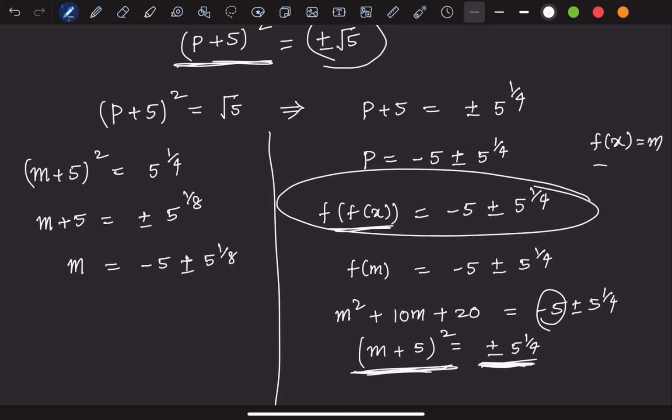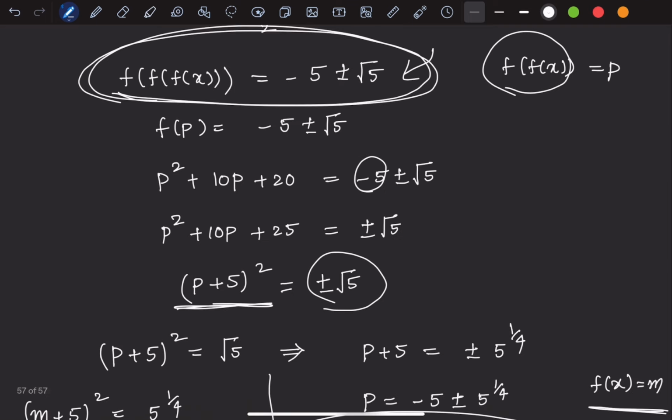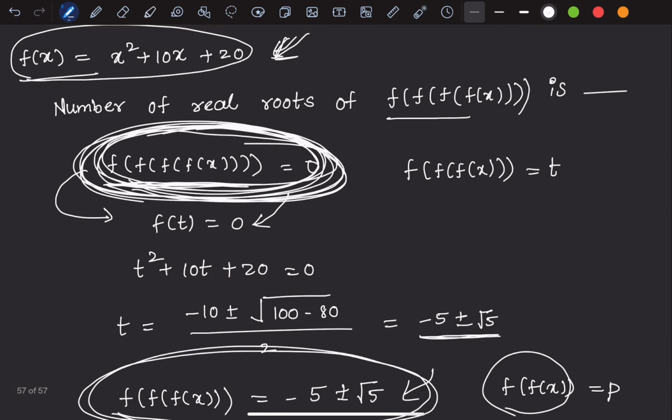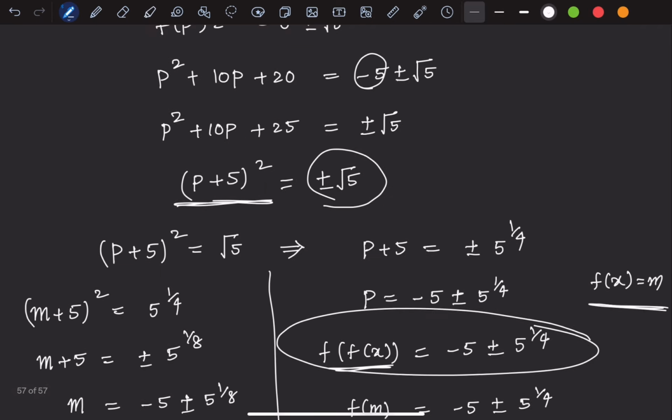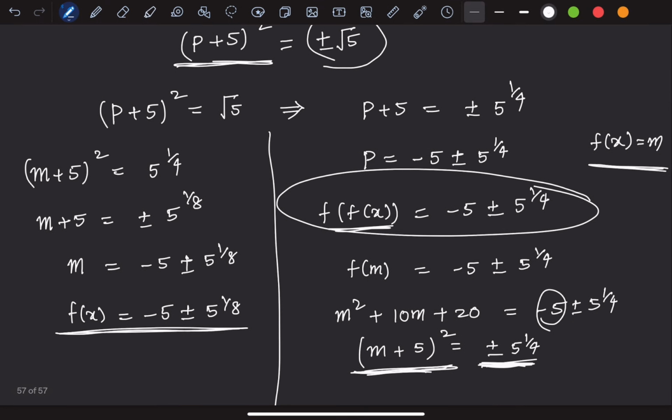Now your m is simply f of x. So f of x is equal to minus 5 plus or minus 5 to the power 1 by 8. So this particular quantity becomes 0 only when this happens.